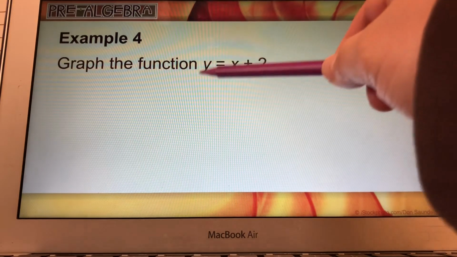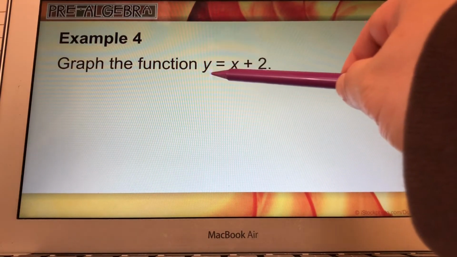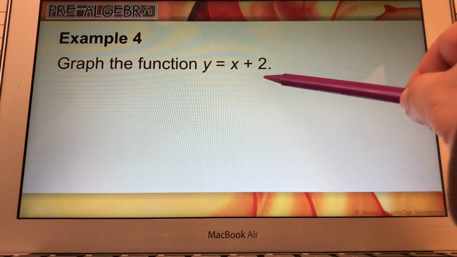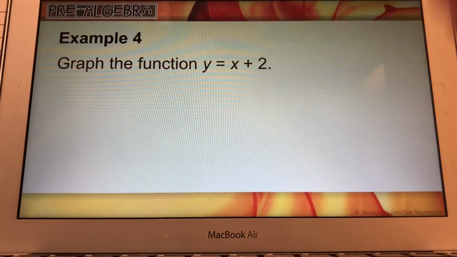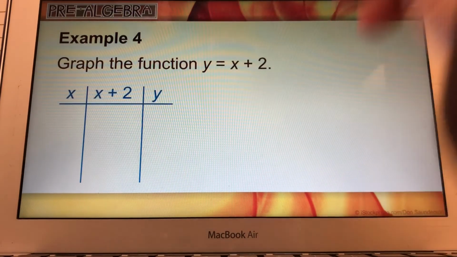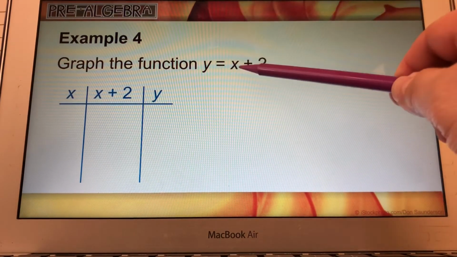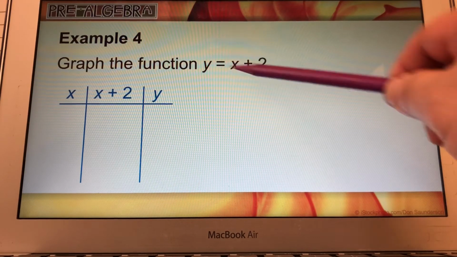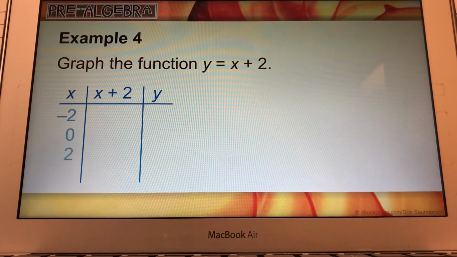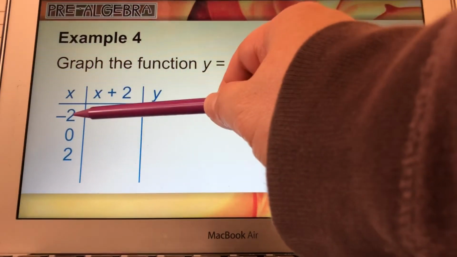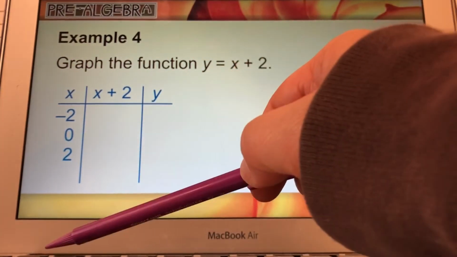Let's try this example now. This function, y equals x plus 2. So it says graph the function, but first you can make your table like we have right here, select values for x, solve for y, and then you can graph the solution. So again, we're going to take -2, 0, and 2.